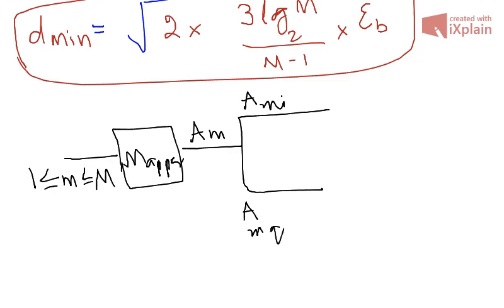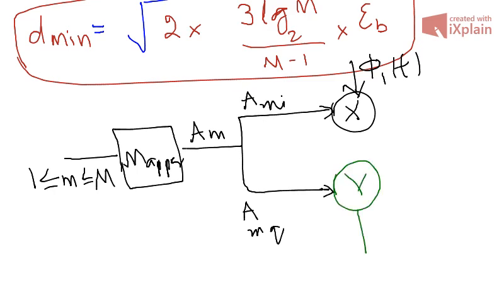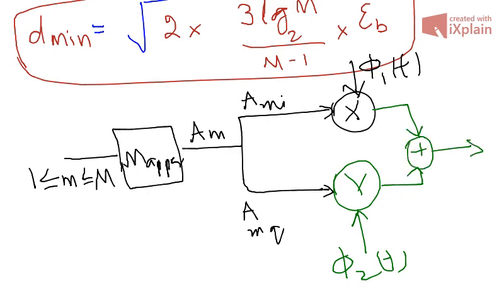Now this Ami is multiplied with the basis function, which is phi1 of t, and the Amq is multiplied with another basis function, which is phi2 of t. And if you add these two, just an adder, you get Sm of t, which is your QAM modulated signal.